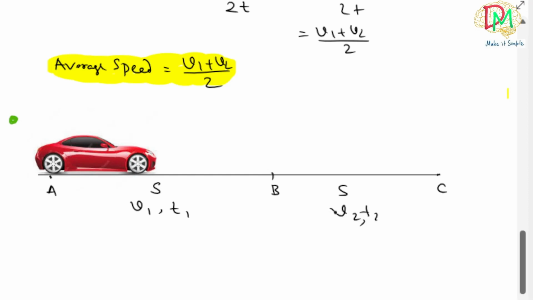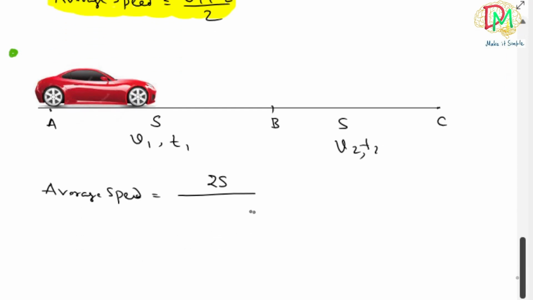In this case how can we derive the average speed? Average speed is equal to total distance traveled, that is 2h, divided by total time taken, t1 plus t2.